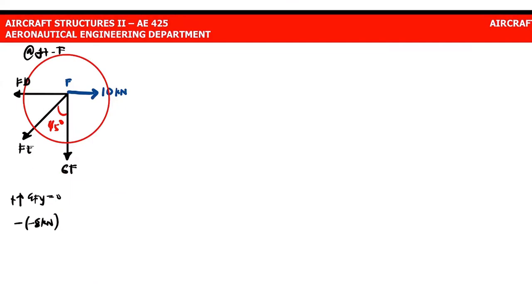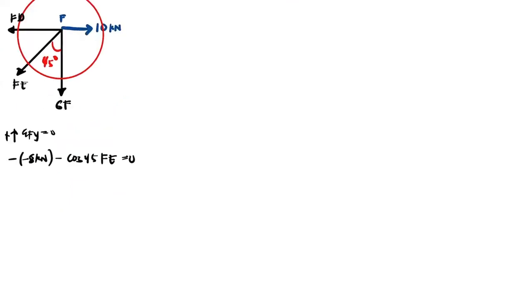Okay. Minus cosine 45 FE is equal to 0. Okay. So transpose natin sa kabila. FE is equal to 8 square root of 2. 8 square root of 2 kilonewton.